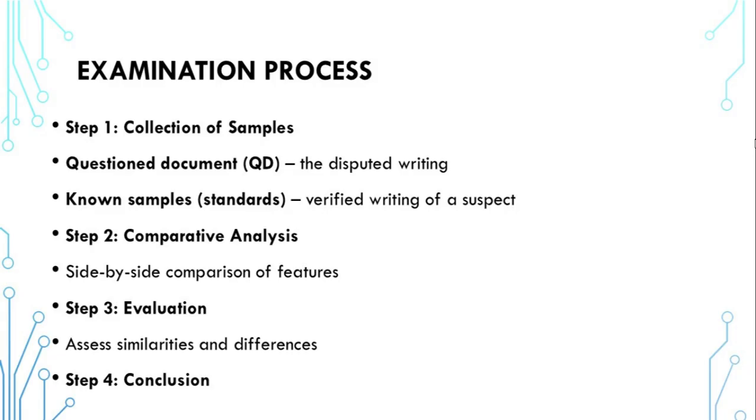A contemporary standard is a standard that was created around the time that the event happened. It may be a requested one or a collected one, but it should be one that was created around that time.